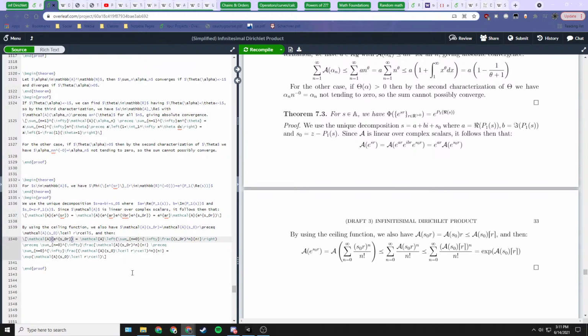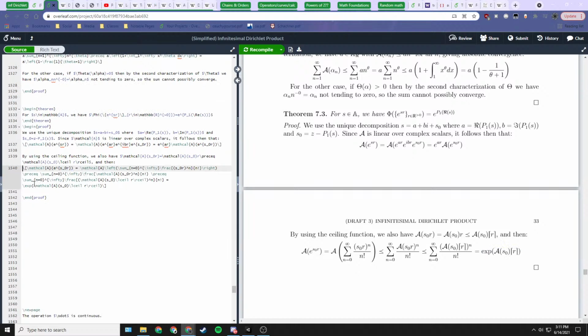Okay, so we've made this. That's nice. Okay. We can also have, this could be E instead of exp. Let's do that. And we'll do some little brackets here.